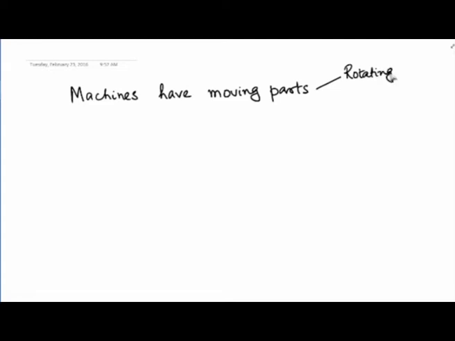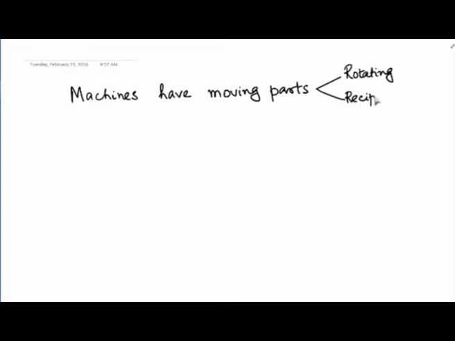The important point at this stage is to make a remark that machines have moving parts, and we are going to study machines with two types of moving parts, namely rotating and reciprocating.